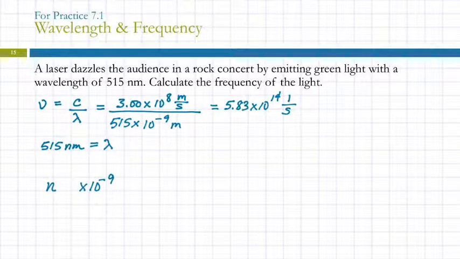That can also be expressed as s to the minus 1. And what that means is that 5.83 times 10 to the 14th wave crests pass in 1 second. That's a lot. Any questions?